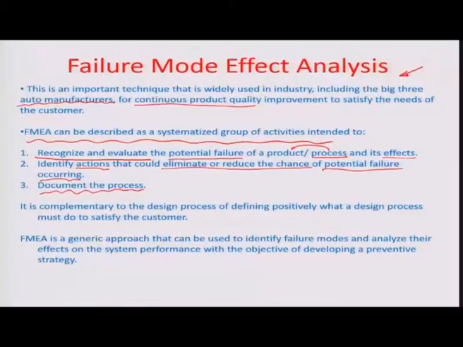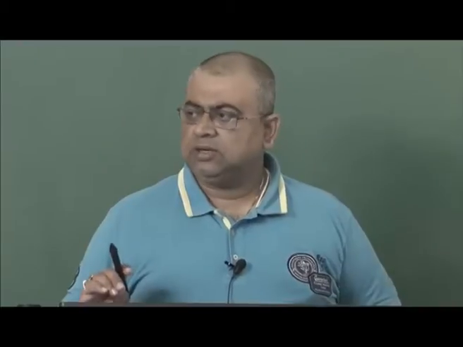Supposing this failure mode occurs again during the product life cycle, there can be an easy way of eliminating it by just looking back into the process and seeing whether whatever stipulated action was framed or stipulated countermeasures were identified, are they being followed or not.